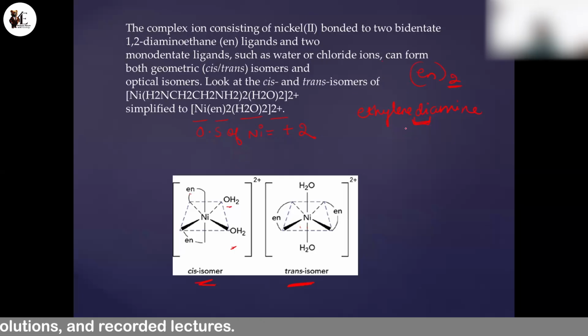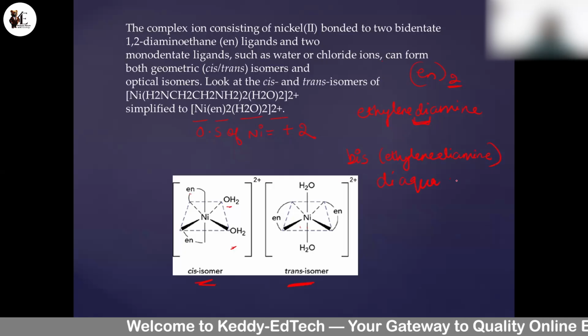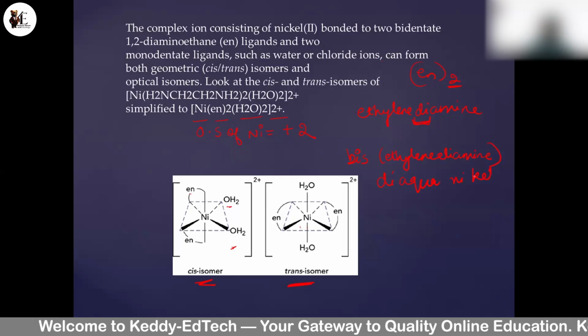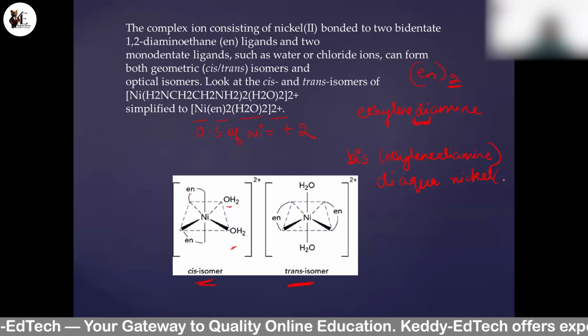This does not look good. So in these cases, you will write bis, with ethylene diamine in the bracket. Bis ethylene diamine, and then you know it is diaqua nickel. Ma'am, should we write nickel too? Yes.